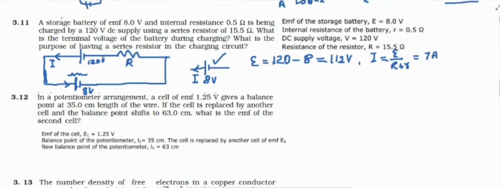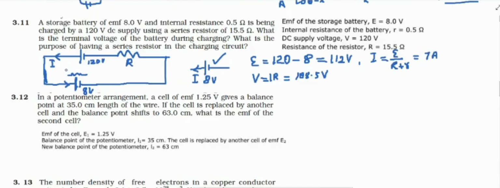Now calculate the voltage drop across resistor capital R. You can use the formula V is equal to IR. Substitute the value of I and capital R. You will get the answer around 108.5 volt. So total 120 volt is given here. From this, 120 volt is dropped across capital R and small r in the secondary cell.